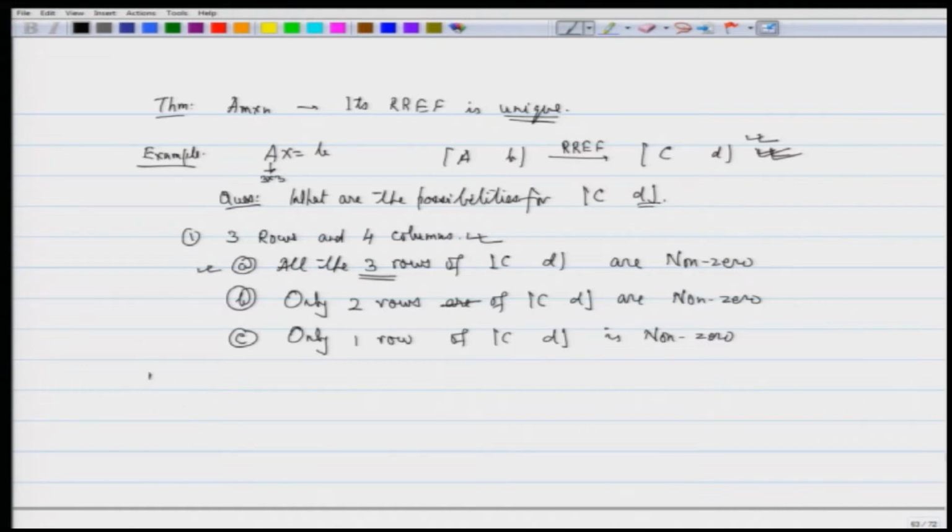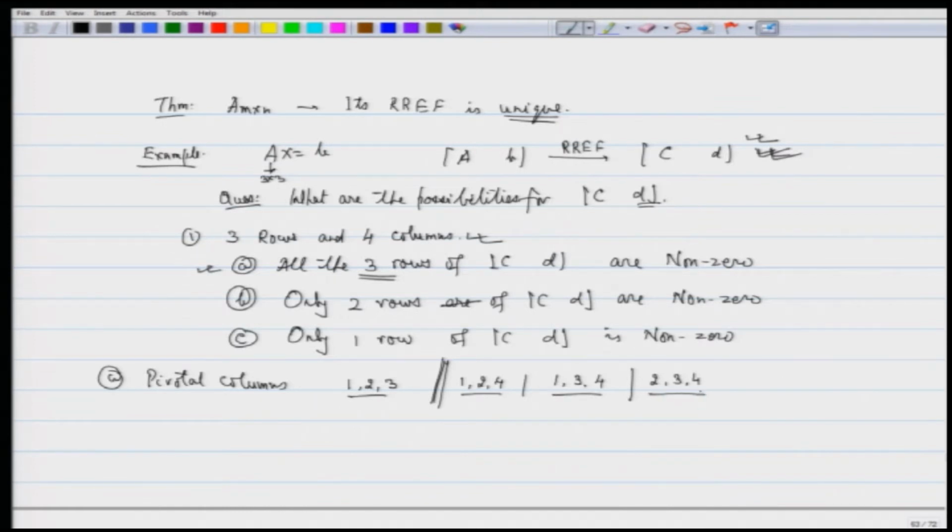The pivotal columns will be: the first, second and third columns, or first, second and fourth, or first, third and fourth, or second, third and fourth. There are 4 columns, and any 3 of them can be pivotal columns: 1, 2, 3; 1, 2, 4; 1, 3, 4; and 2, 3, 4.